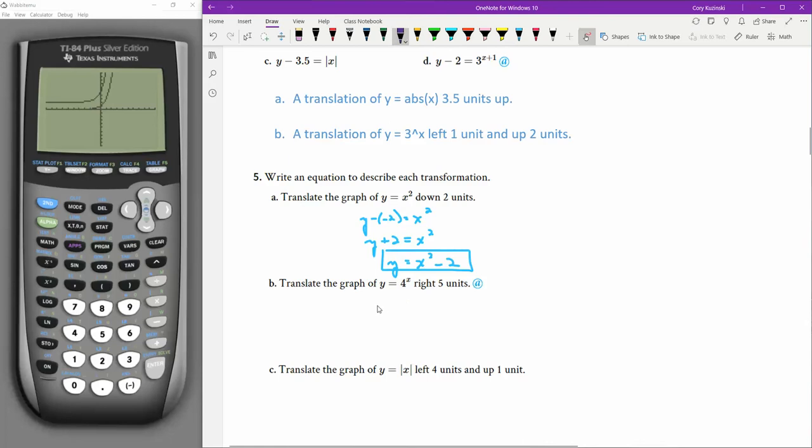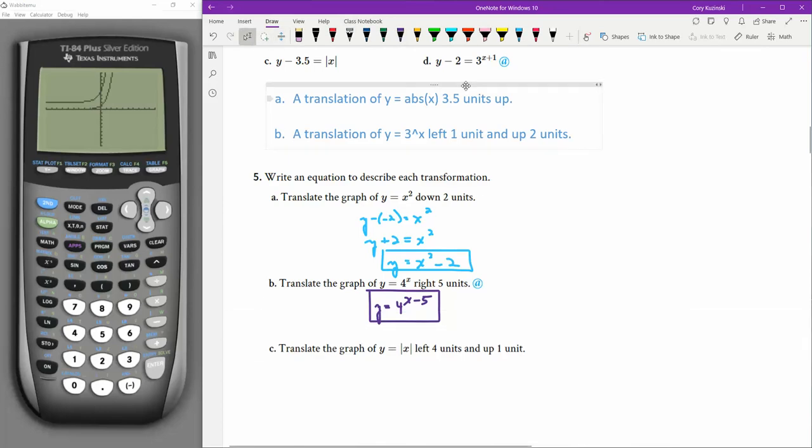5 units right. So we're going to take this parent function. We're going to replace x with x minus 5. And that's it. We're done. Maybe we will actually graph these here in just a second. All right. And this last one, 4 units left and 1 unit up.